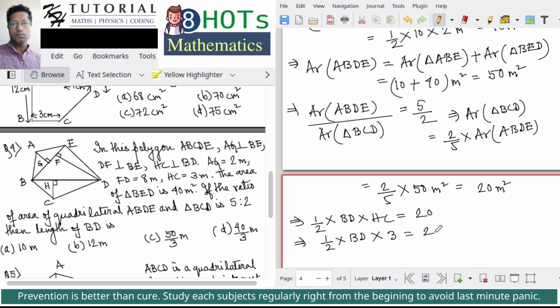From here we can easily solve for BD. BD will be 20 multiplied by 2 divided by 3, which is 40/3 meter. So the length of BD is 40/3 meter, and hence the correct choice is D.